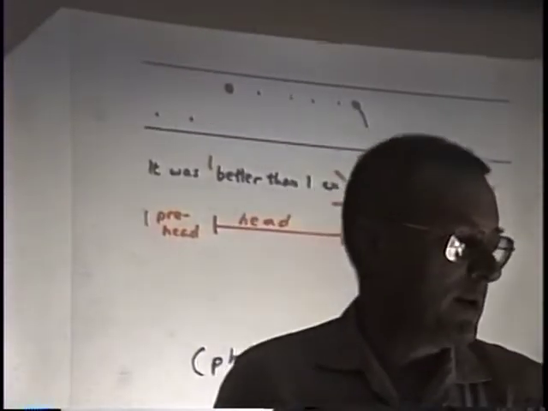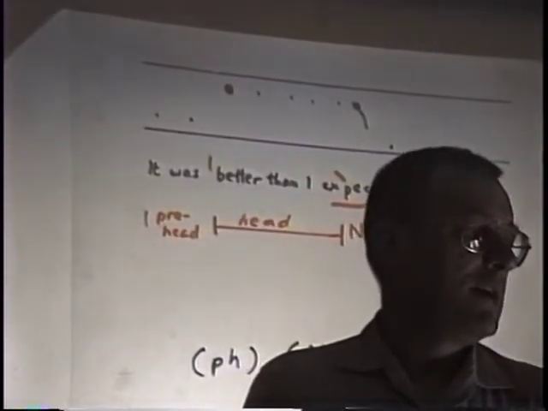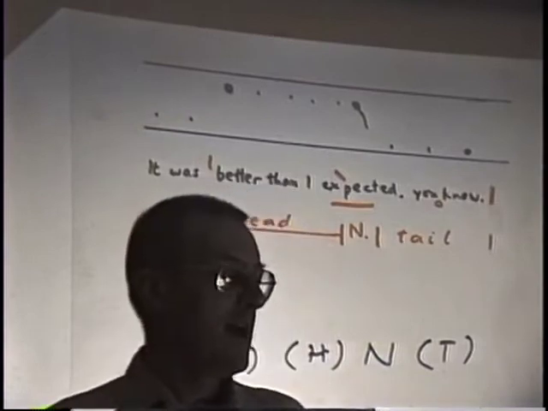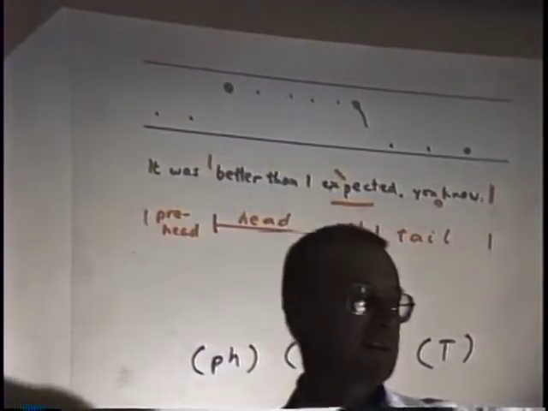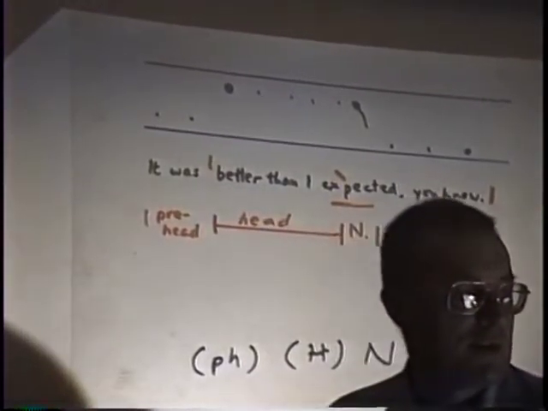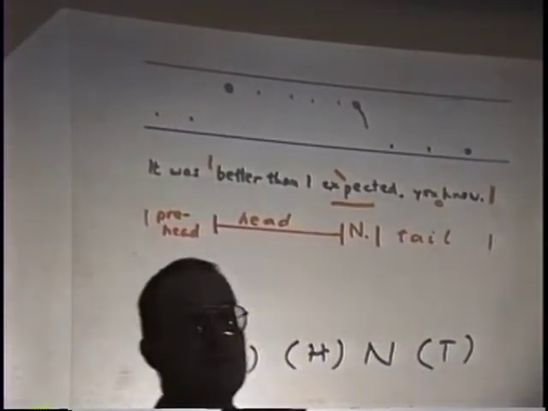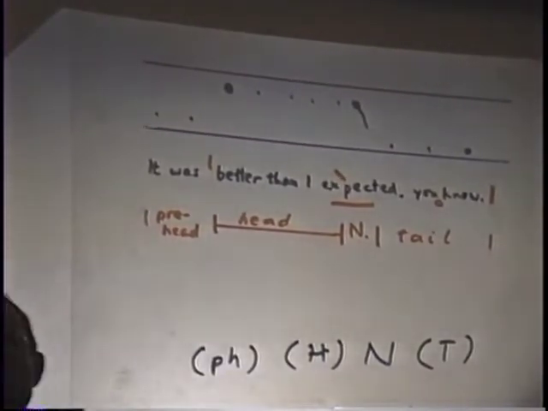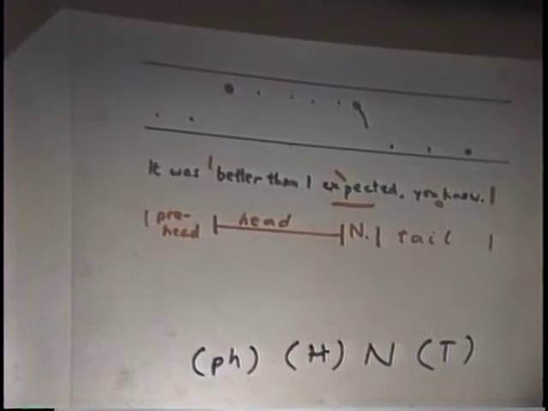So, here we've got these 4 components, prehead, head, nucleus, tail. I've put brackets, parentheses, round each of them except the nucleus, because they're optional, they're not necessarily present. The nucleus is always there, but the other components may or may not be there.